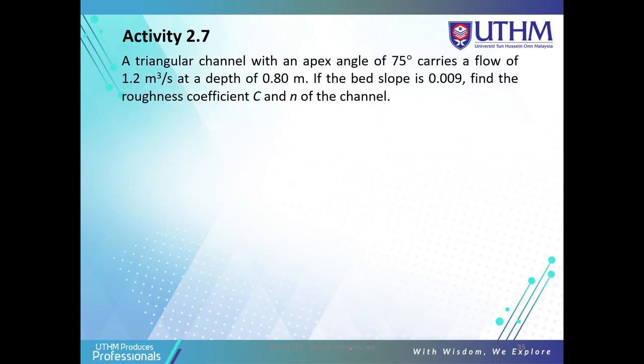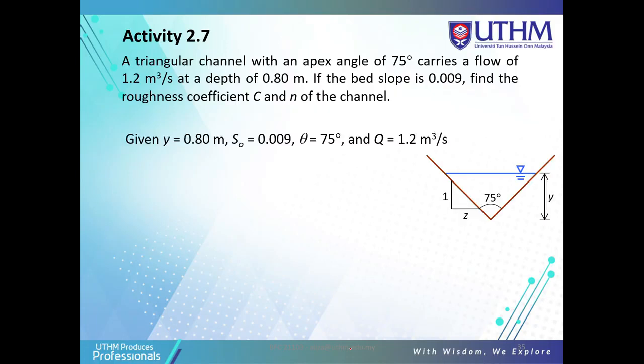This is also a triangular channel with an angle of 75 degrees that carries a flow of 1.2. The given parameters: y is 0.80, S naught, the bed slope, is 0.009, the angle is 75 degrees, and Q is 1.2.